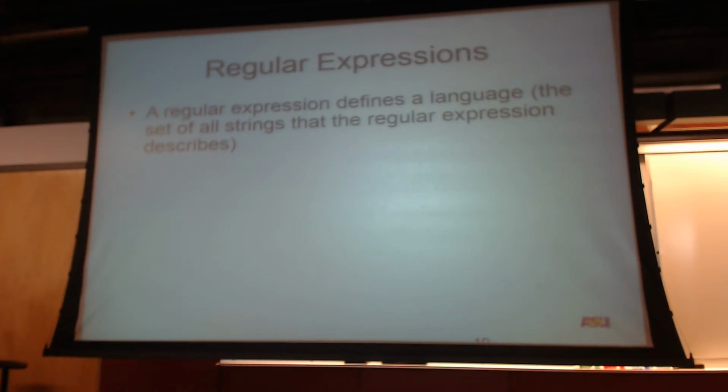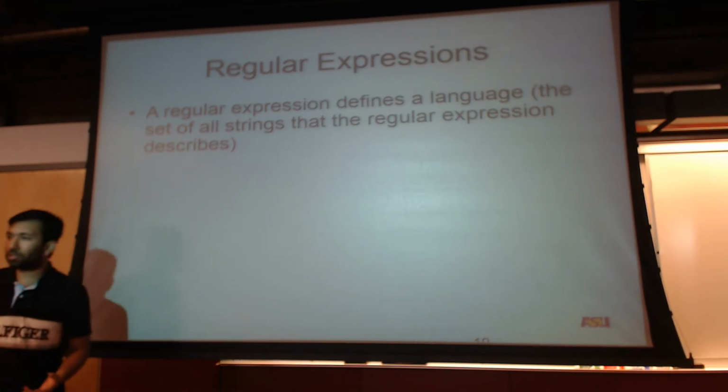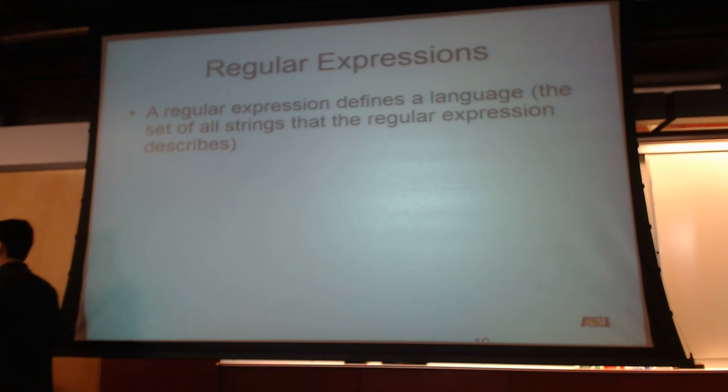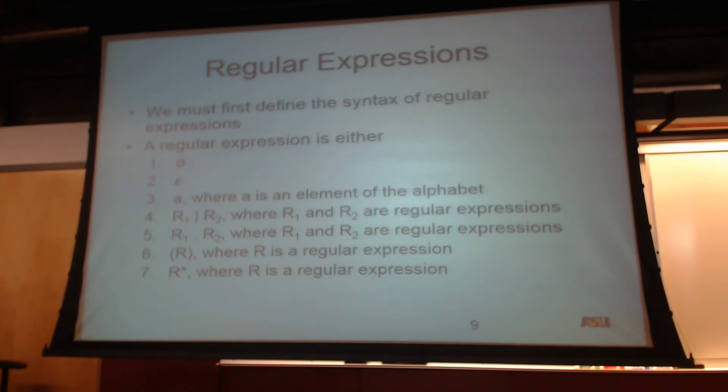So a regular expression defines the language. That is the set of all strings that the regular expression describes. If you think of it, language is what? A subset of sigma star, right? Now if you think of regular expressions, if bar, dot, star are all part of the alphabet, then what are these?